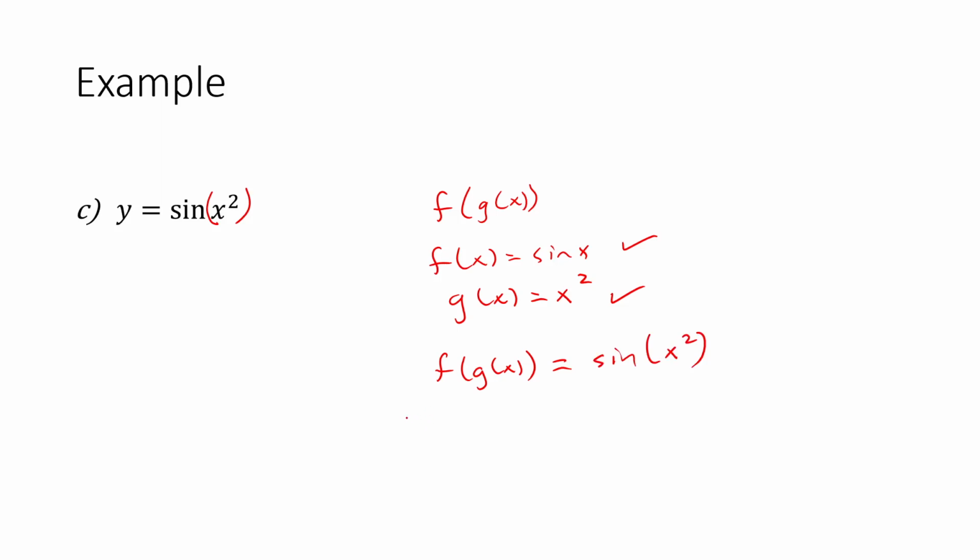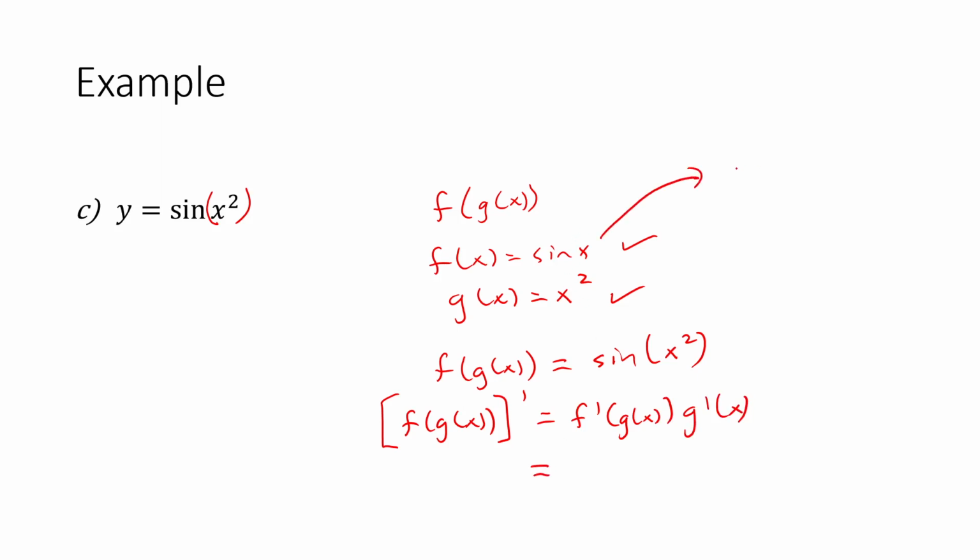Okay, well, what is the derivative of f of g of x? The chain rule taught us some time ago that the derivative of f of g of x is f prime of g of x times g prime of x. Well, if f of x is sine x, then f prime of x is cos x. So f prime of g of x would be the cos of g of x. And recall g of x is x squared, so it would be the cos of x squared.